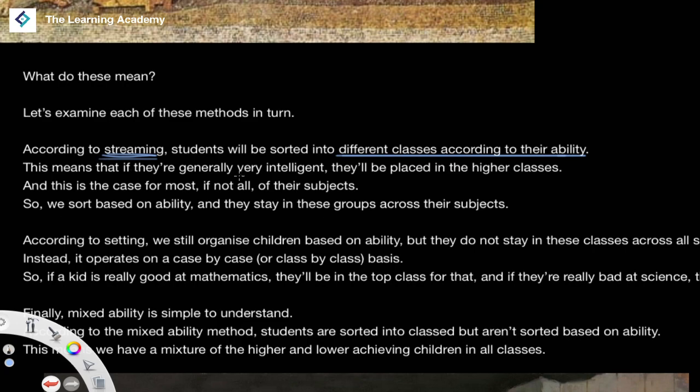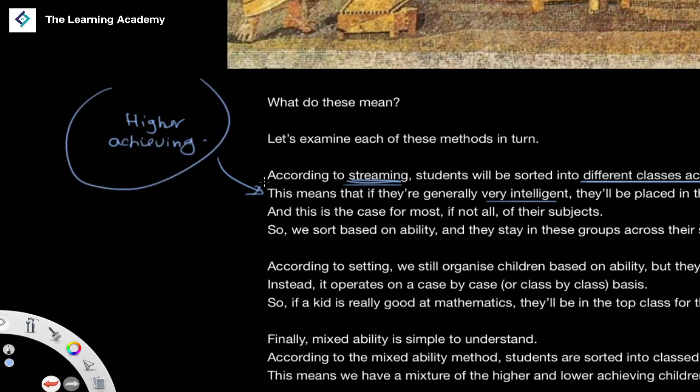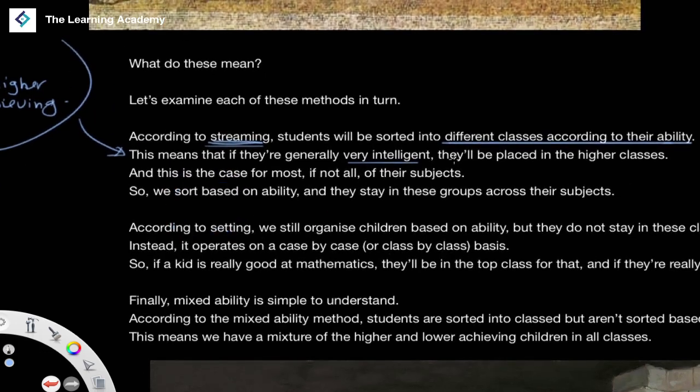And this means that if the child is very intelligent, or we should really change that to higher achieving, because you can be very intelligent and still low achieving. If a child is higher achieving, then they'll be placed in the higher classes. Often in schools in the UK, we refer to these as sets, with set 1 being the highest achieving children, all the way down to however many sets you've got, depending on the year that you're in.